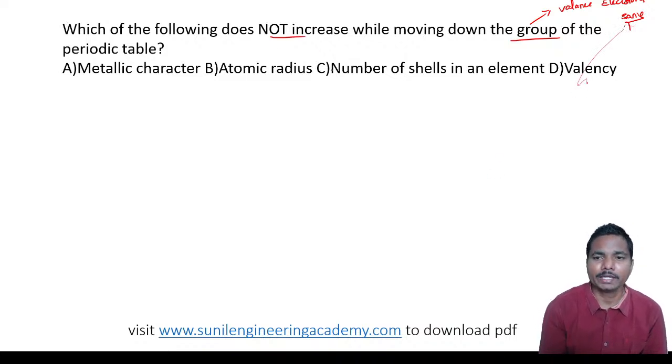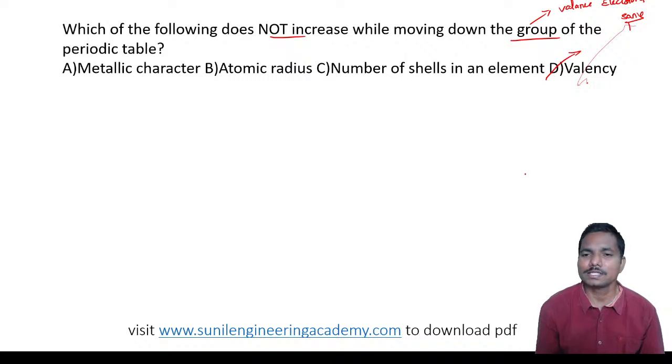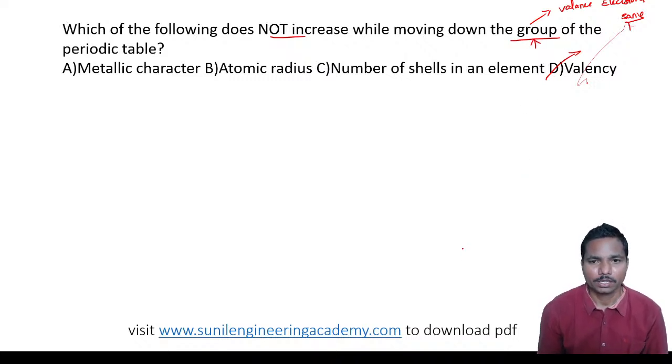So which may not increase? Valency. Valency is the same in the group, so it may not increase. And the remaining, metallic character, atomic size, number of shells, all will increase, but valency is the same.